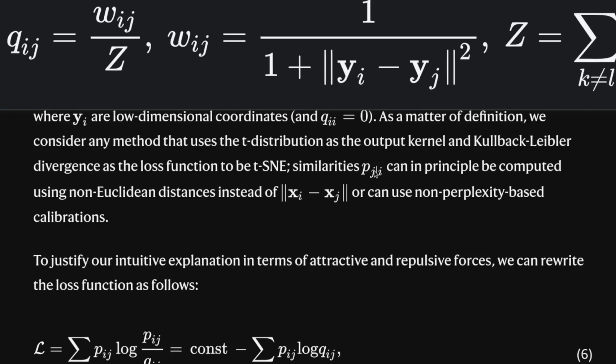To escape bad local minima and allow similar points to be quickly pulled together, the original publication suggested an early exaggeration trick. During initial iterations, they multiplied all attractive forces by alpha greater than 1. Later work used alpha equals 12 for the first 250 iterations, which became the default since then.